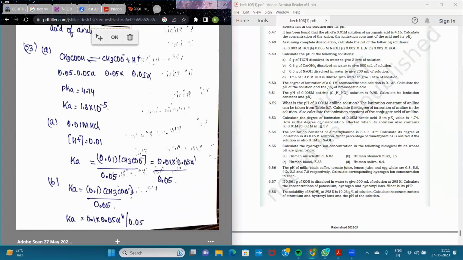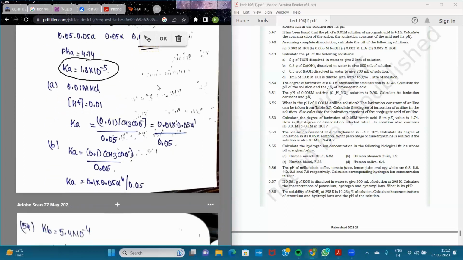53rd question. Calculate the degree of ionization of 0.05 molar acetic acid if its pKa value is 4.74. From pKa value, you can obtain the value of Ka as we can use the relation pKa is minus log Ka. At equilibrium, we have the equilibrium concentrations as follows.